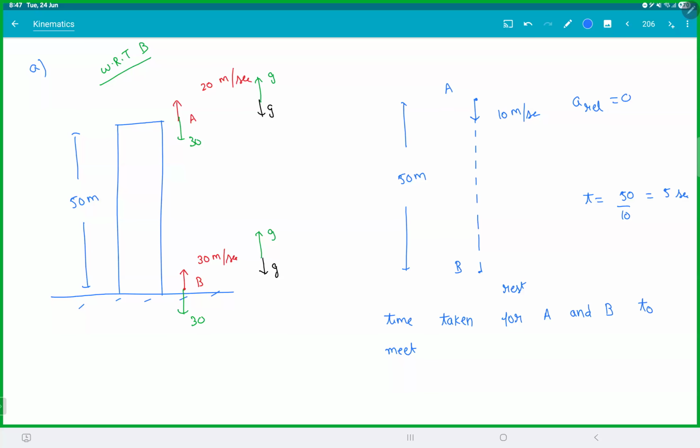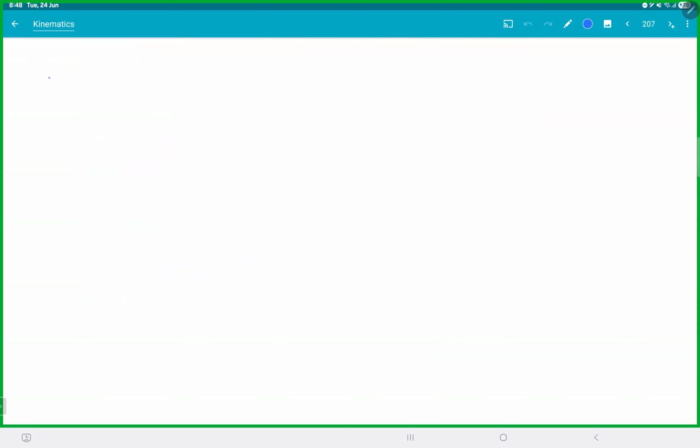The time taken for A and B will be same in all frames. So one thing is clear, they're going to meet in 5 seconds. So now get back to the ground frame, means your observer is standing on the ground now.